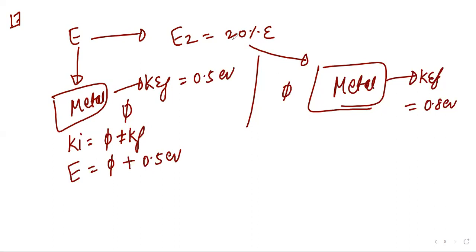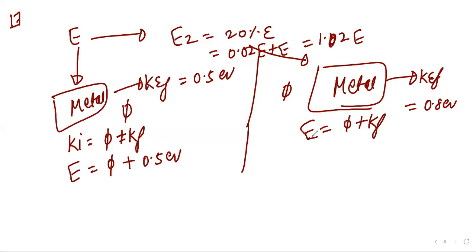So increase by 20% now, so it will be 0.2 E plus E, so it will be equal to 1.2 E energy. So for second case, it will be 1.2 E equal to phi plus Kf. So E value we know, finally we know 0.8 electron volt, phi equal to, E is 1.2 E.